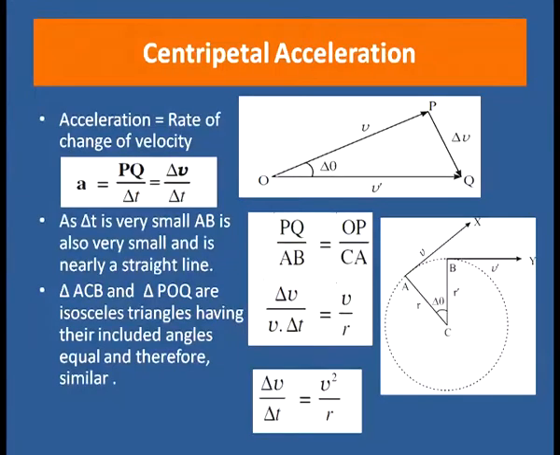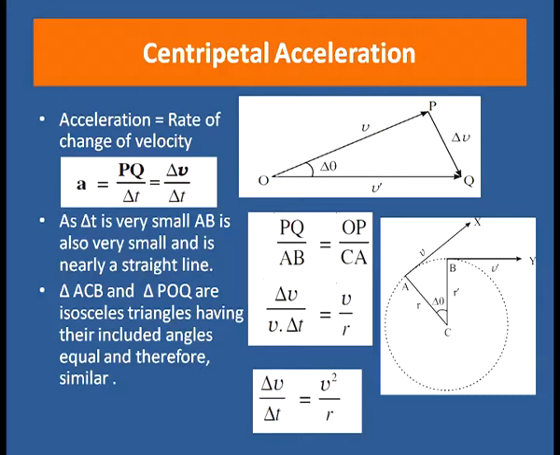Now, acceleration is equal to the rate of change of velocity. That means we can write acceleration a equal to PQ divided by delta t, as PQ is the change in velocity and delta t is the time interval. That is equal to delta v by delta t, as PQ equals delta v.